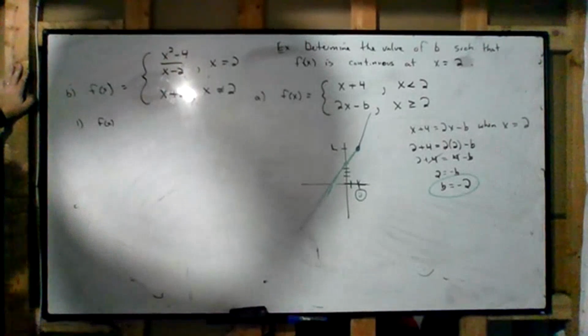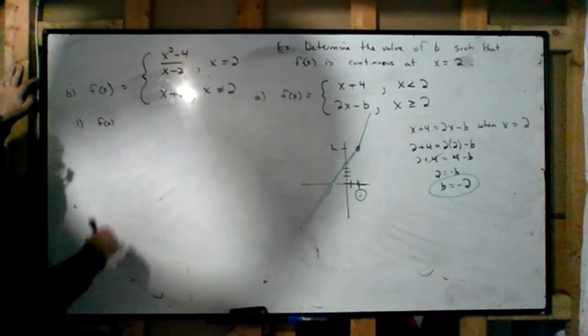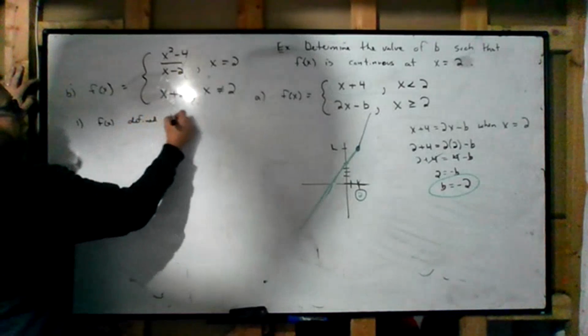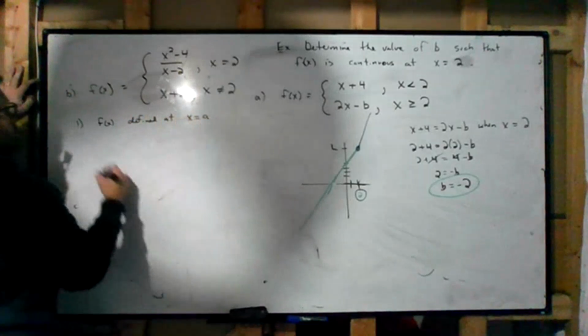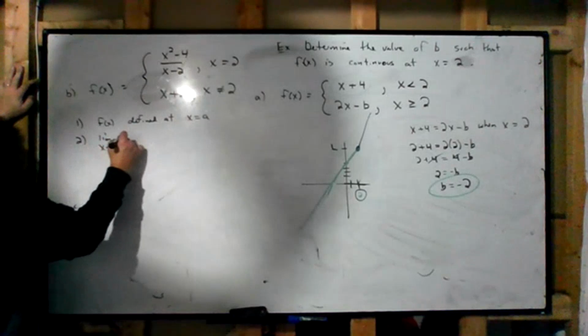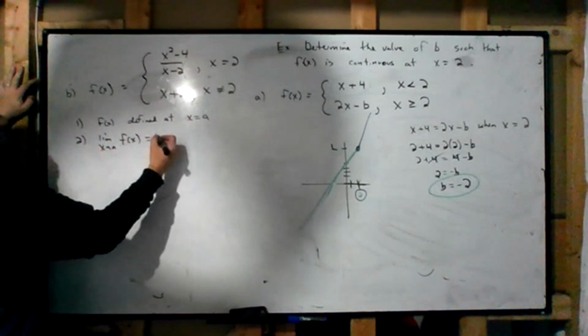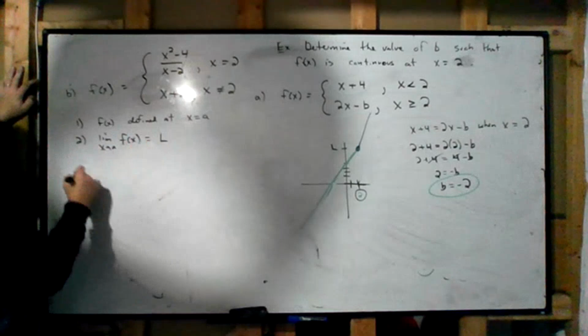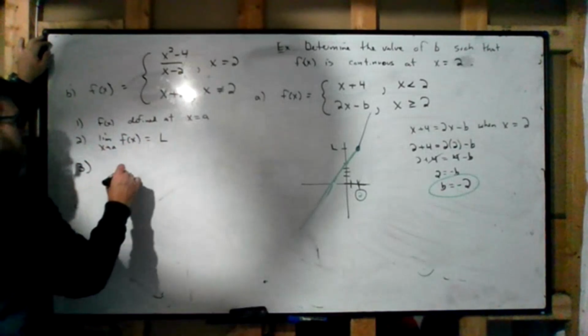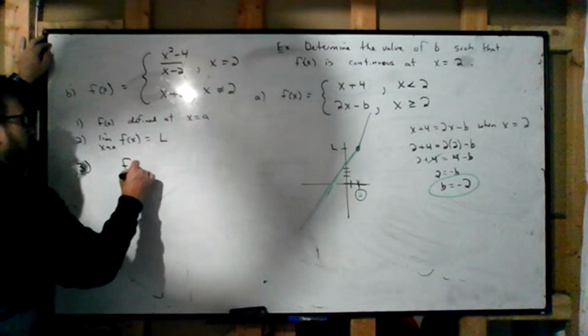So to be a continuous function, f of x has to be defined at x equals a. In this case, a is 2. The limit as x approaches a of f of x has to be defined as well. It needs to have a limit. And then the last thing, kind of the most important thing, is that these two values need to be the same.